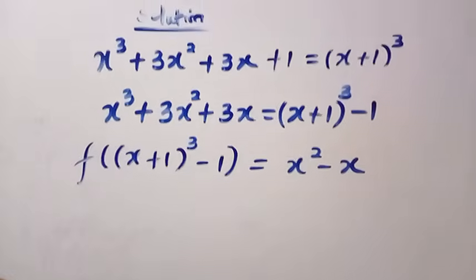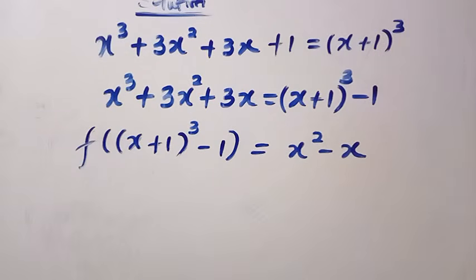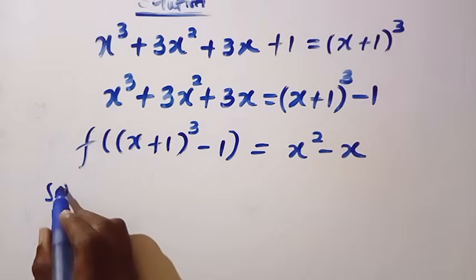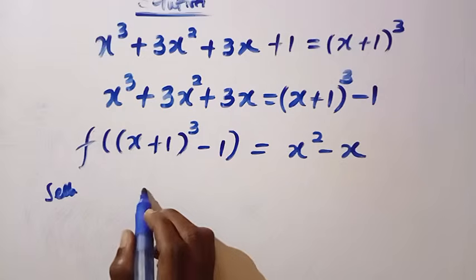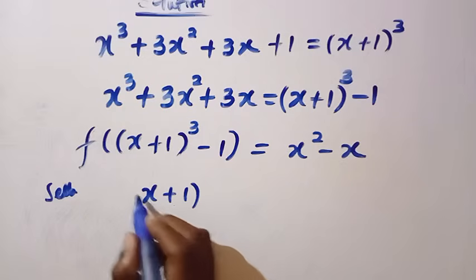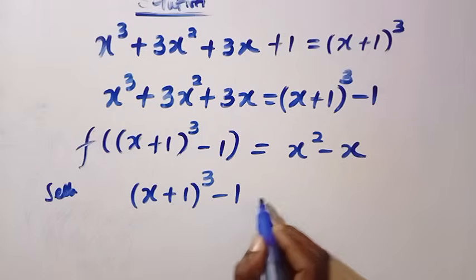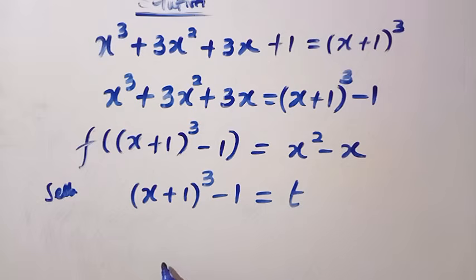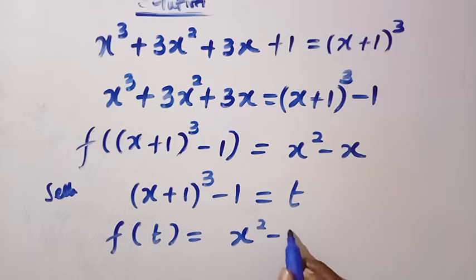And again, suppose I substitute (x plus 1) cubed minus 1 equals t. Therefore this becomes f of t equals x squared minus x.